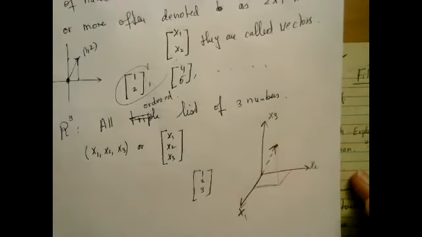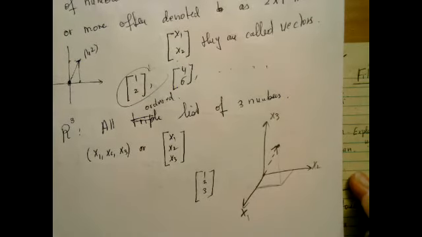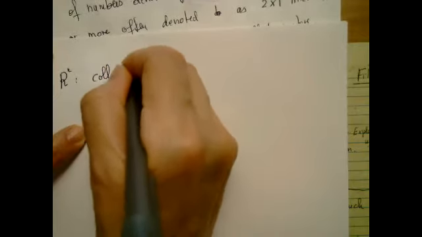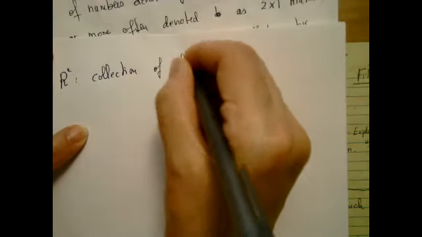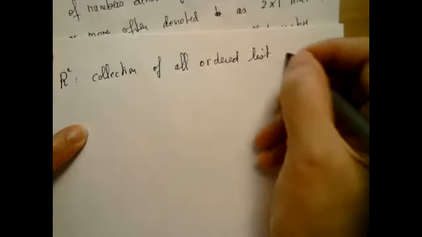And now the most general idea is Rn. So what is Rn? Can you stretch a little bit the definition? If I have Rn, with n any integer, it's defined as follows. It's the collection of all ordered lists of n numbers.